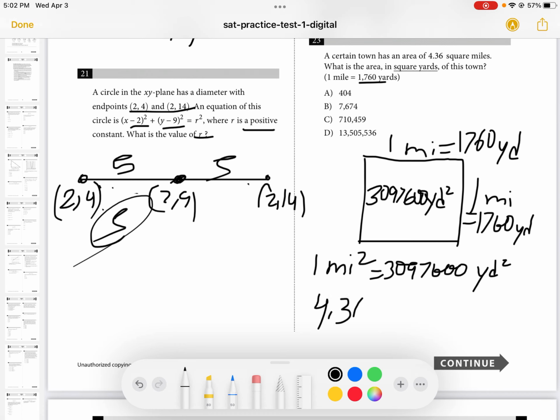So 4.36 miles squared is equal to this number times 4.36, and that's equal to 13,505,536. That's D.